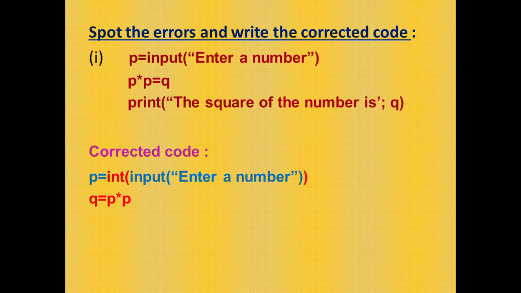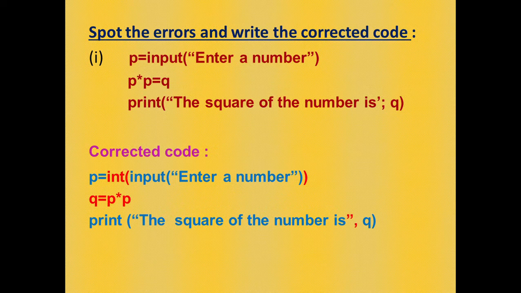And in the next statement, in L value only variables are allowed. In R values only expressions are allowed. So it should be Q is equal to P star P. And in the print statement, if you see here, the single quotes and semicolon. So those are the 2 errors that are corrected here.